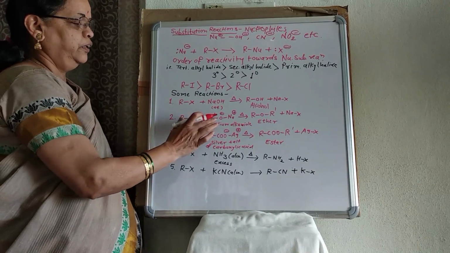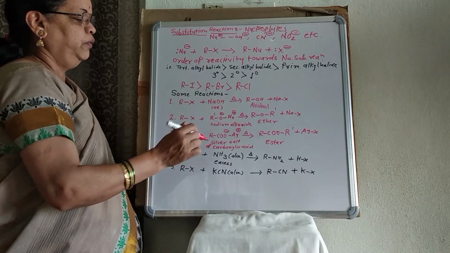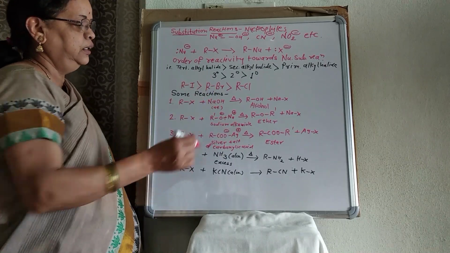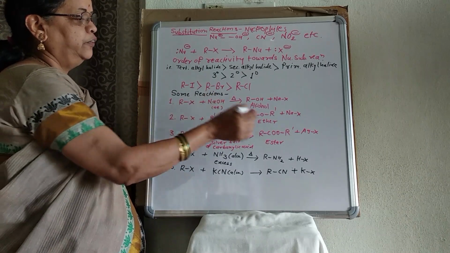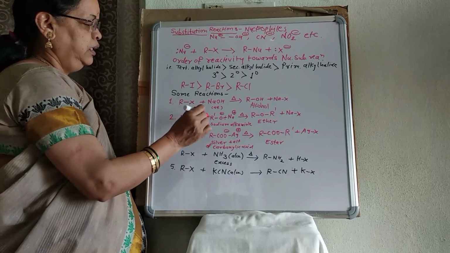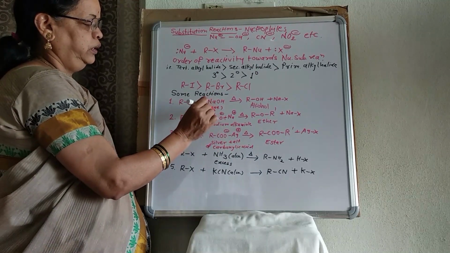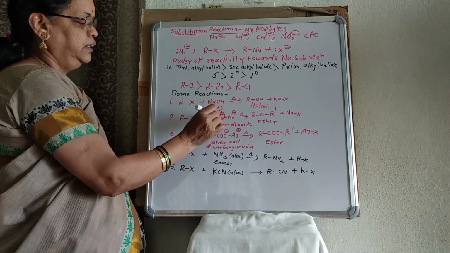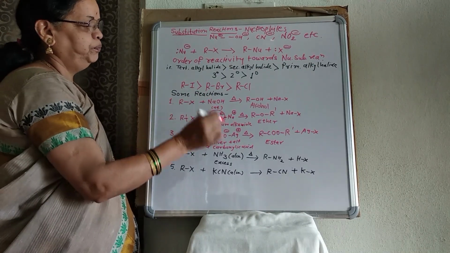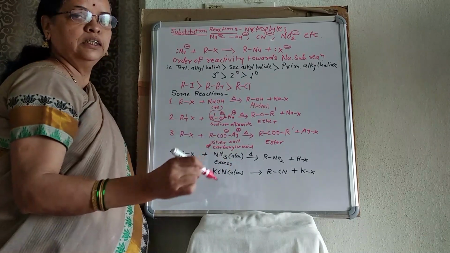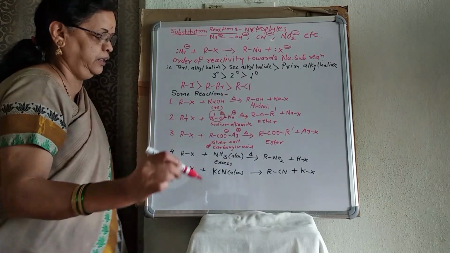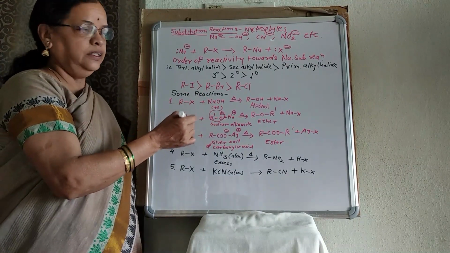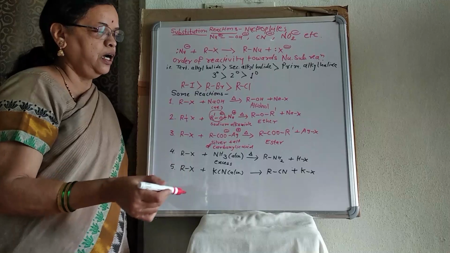So RX reacts with R'ONa. The bond breaking takes place between O and Na, and Na reacts with X, so NaX is the byproduct. The R'O, that is the alkoxide group, combines with R, and the product formed is nothing but an ether. Do you understand? Sodium alkoxide reacts with RX and gives an ether, that is ROR'.